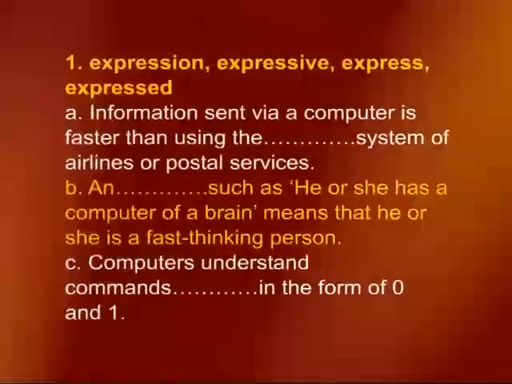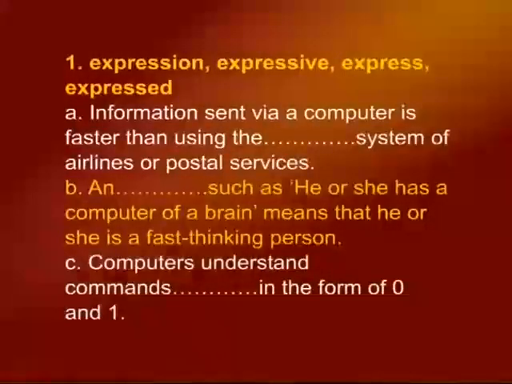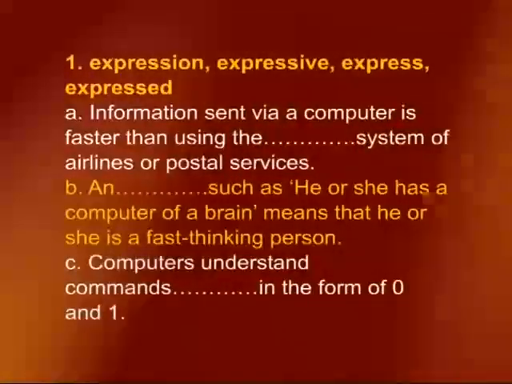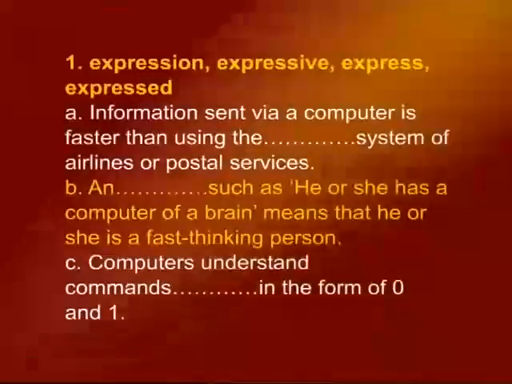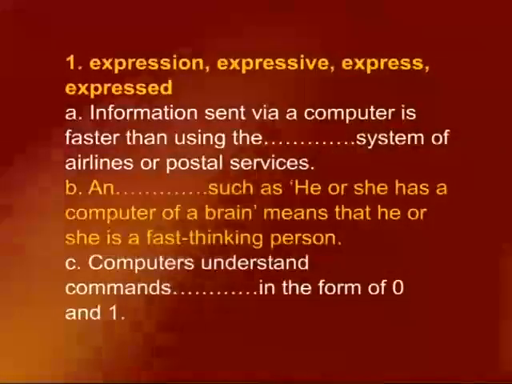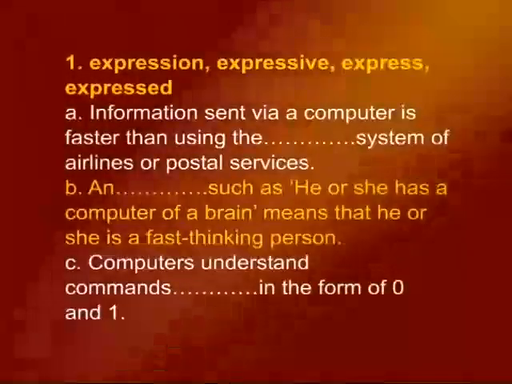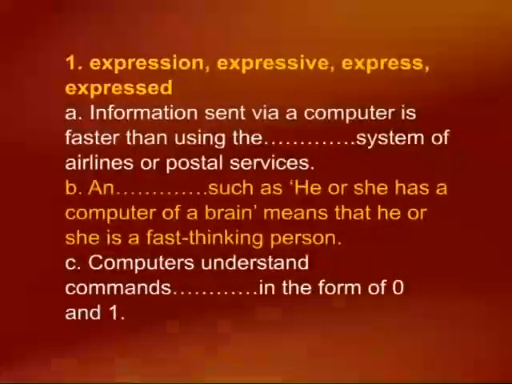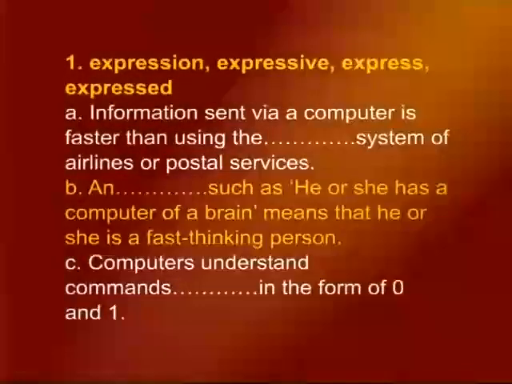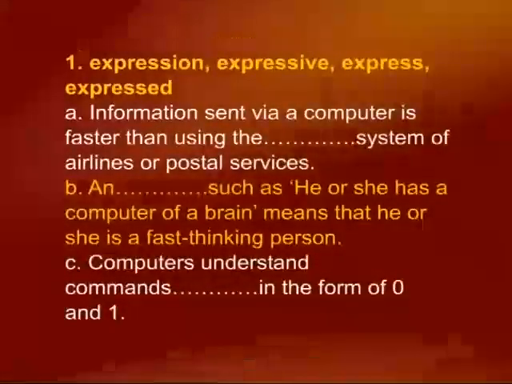B, such as he or she has a computer of a brain, means that he or she is a fast-thinking person. So those words that are in inverted commas, there is a word in the English language which you can use for that, and that is expression.